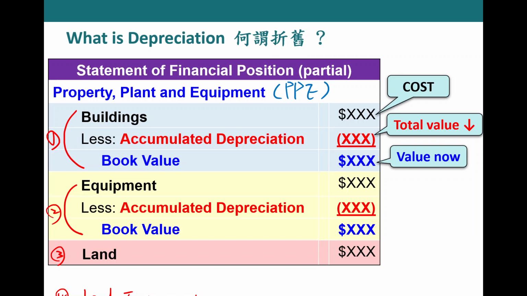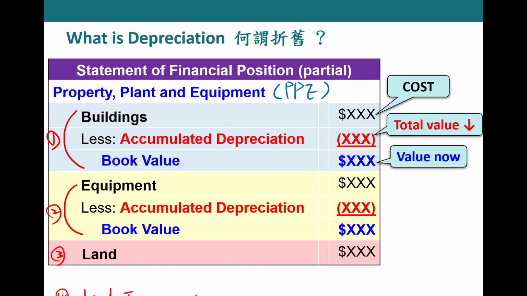So that's why it's minus. We use this account, accumulated depreciation, to tell them your PPE's total value decrease after you use it. Then right now is book value.